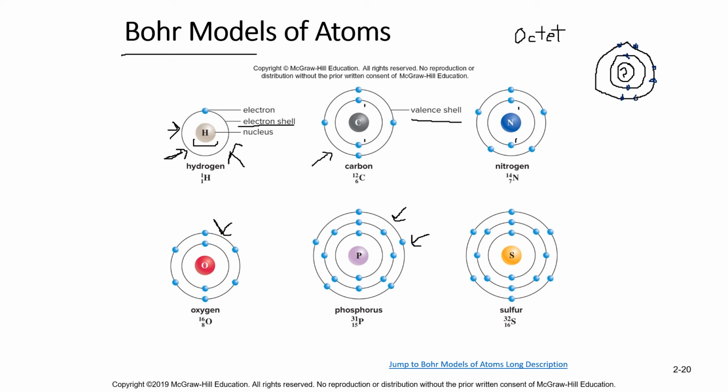So 8 goes on the second shell, and because its valence shell, its outermost shell, is complete due to the octet rule, it has 8, then it's not reactive.